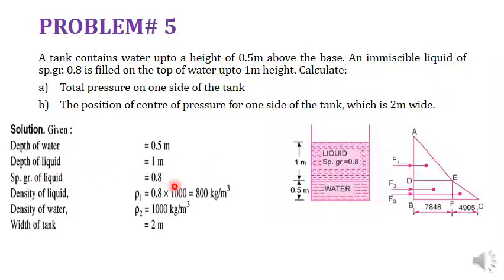Specific gravity of the liquid is 0.8. How can the density of the liquid be calculated? By multiplying the specific gravity with the density of the water. So it comes out to be 800 kg per meter cube. And density of water is 1000 kg per meter cube. Width of the tank is 2 meters. That can be used later for the calculation.